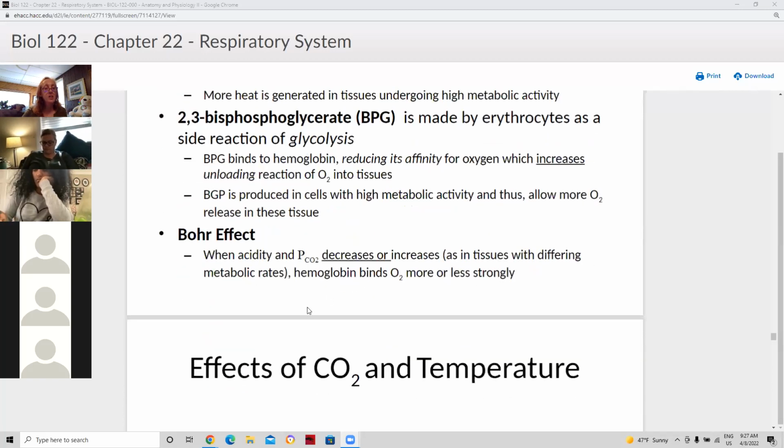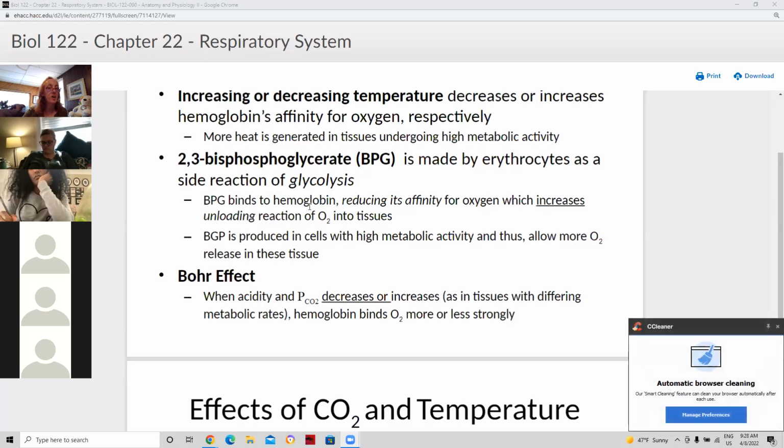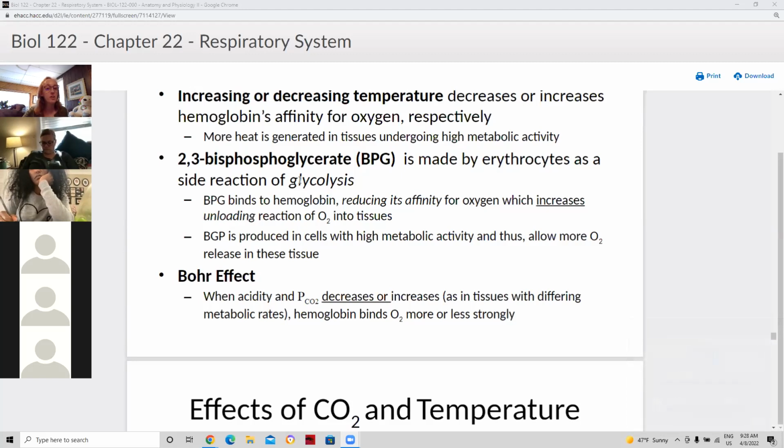The Bohr effect has to do with the partial pressure of carbon dioxide and acidity levels going up, which is going to allow hemoglobin to more easily give up the oxygen. So temperature, and this anaerobic working out, because there's not enough oxygen around, is going to form 2,3-bisphosphoglycerate, which, when it binds to the hemoglobin, makes it more likely to give up the oxygen.